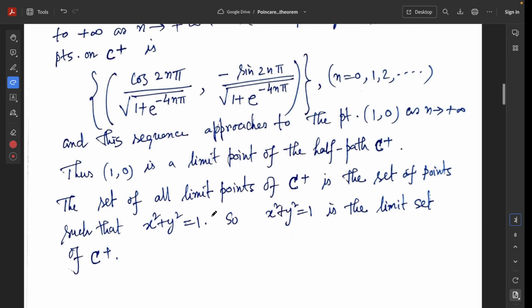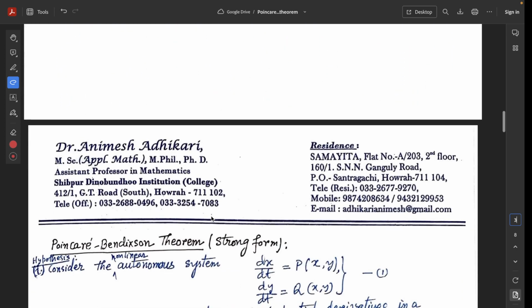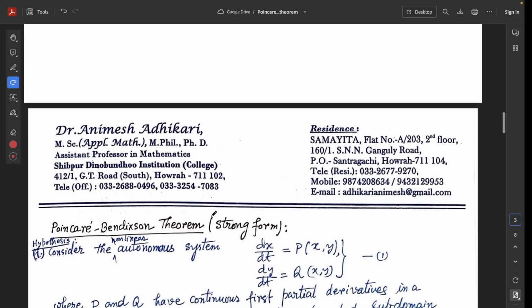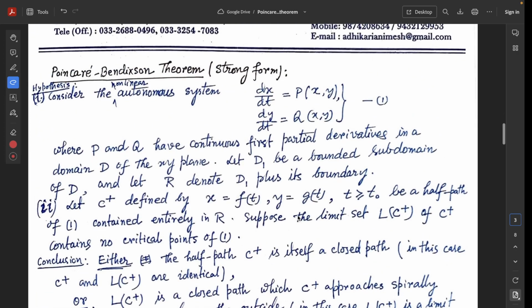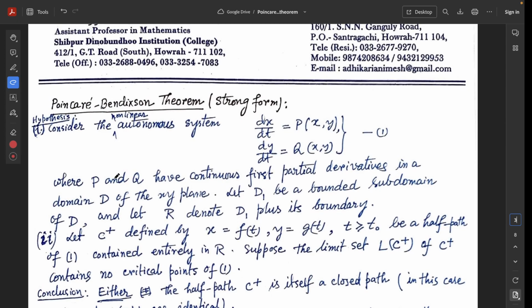Next, we discuss the Poincare-Bendixson theorem. There are two forms: first, the strong form, and second, the weak form. First, the strong form. First, the hypothesis.